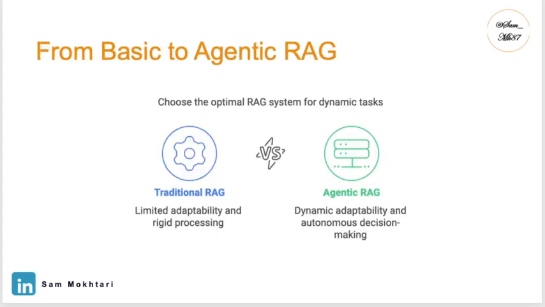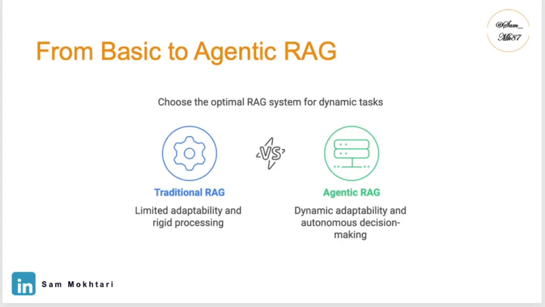And that's where Agentic RAG comes into play to address those limitations of a basic RAG system. You can think of basic RAG as a library assistant who can only follow exact instructions. Now you have the agentic RAG system, which is a smart research partner who can think for themselves and adjust their approach as needed.